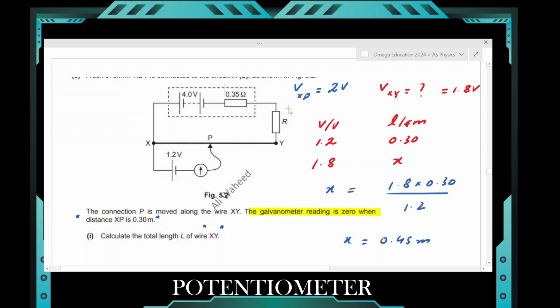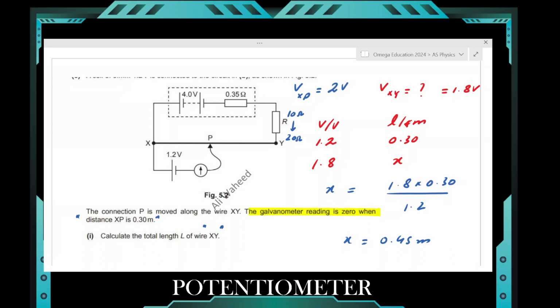So the question is, they replaced this resistor. Let's say initially the resistance was 10 ohm and they replaced it with a resistance greater than that. So the resistance of R is now increased, let's say to twice the previous one.